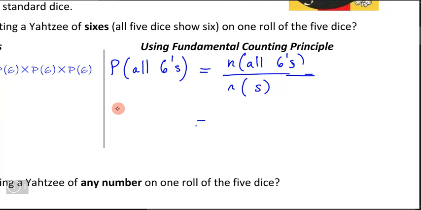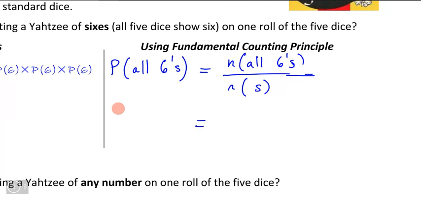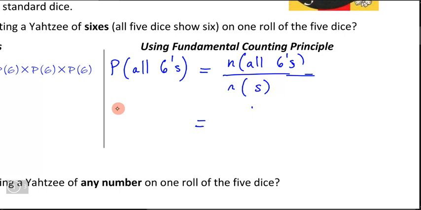How many ways are there to get all 6s? Well, there's only one way for all 5 dice to show the same number. So there's only one way to get all 6s. I'm going to divide this by the number of elements in our sample space. If there are 5 dice and 6 outcomes for each dice, it will be 6 to the exponent 5.